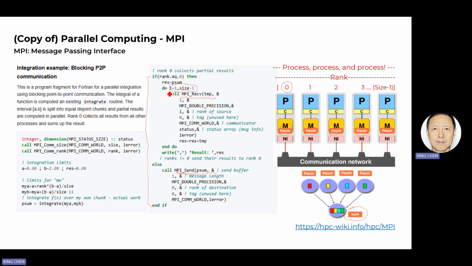So you need to have a loop, and in this loop you repeat the receive to receive the message sent by all the other nodes. This is the MPI communication of this piece of code. Then rank 0 is going to sum these psums together and put that in the final result. Here it is, it's called result.